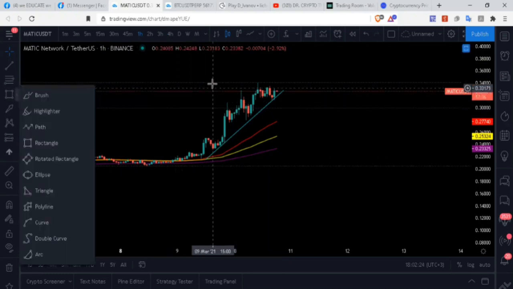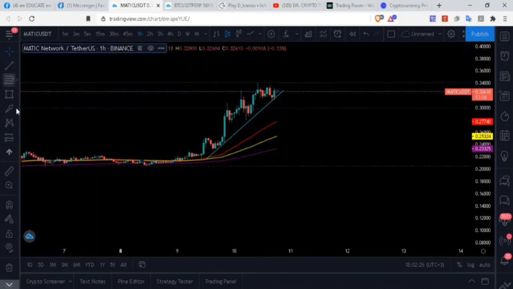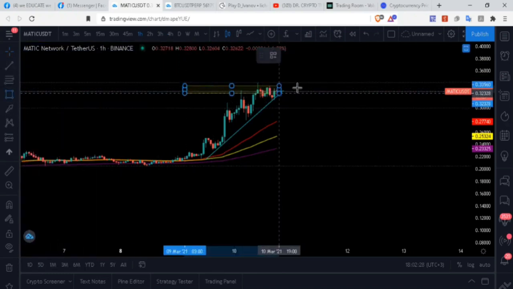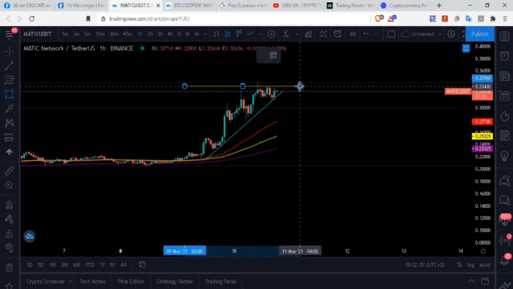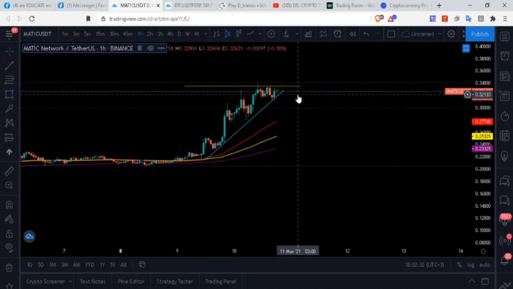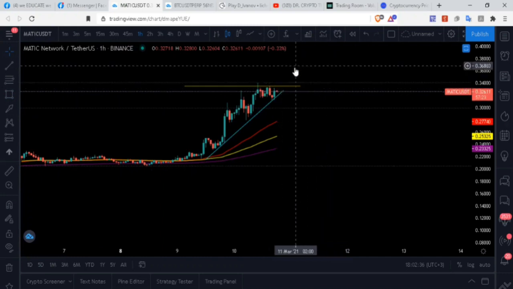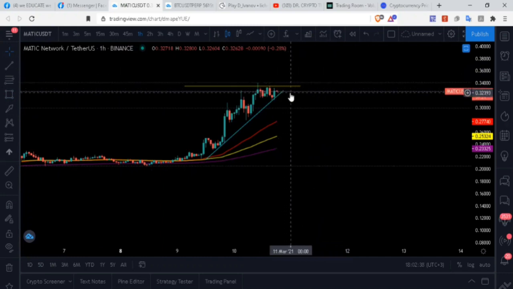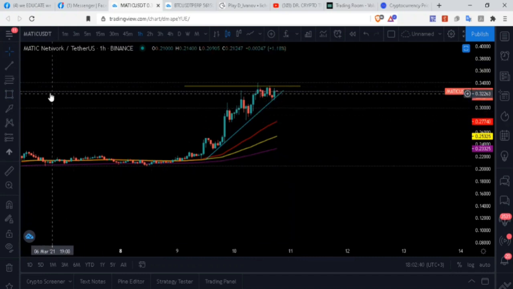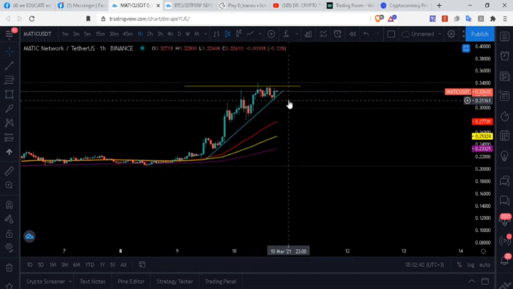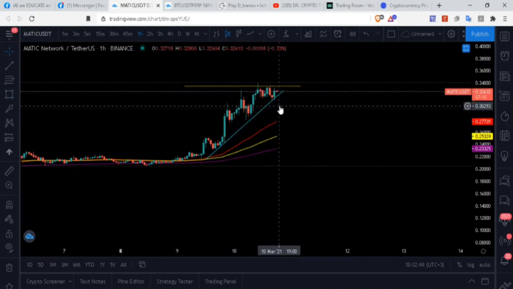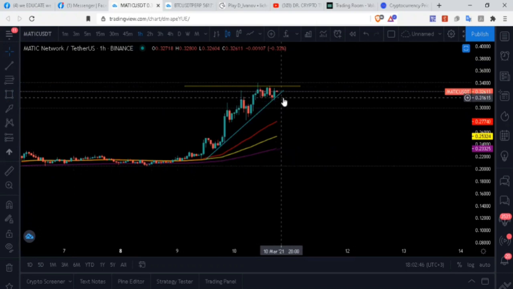So here, yeah. Another option is we will trade on the breakout, but since we are conservative, we are waiting for the price to touch this area.